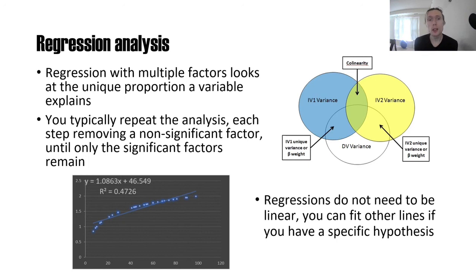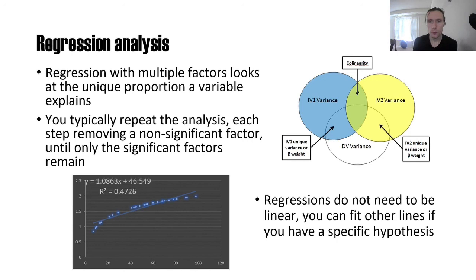Now, when you do a multiple regression analysis, you throw in multiple factors. And what we typically do is that we start with all of them, and then step by step, we take out those that are not significant. You could also do it the opposite way. You start with one that is very significant and then add multiple factors.